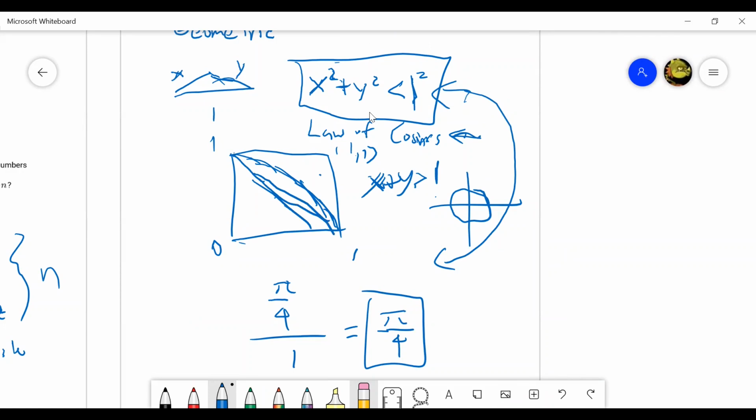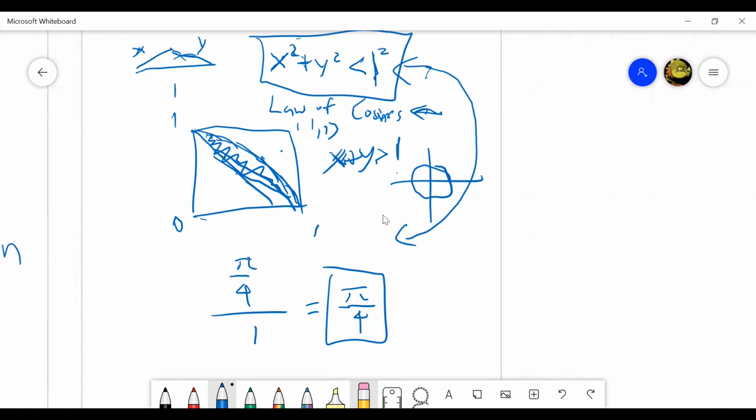That's here. And the area is just the sector. We did find the area of a sector before, so it should be pi over 4 minus 1/4, over 1. So I believe it should be pi minus 1 over 4 now.